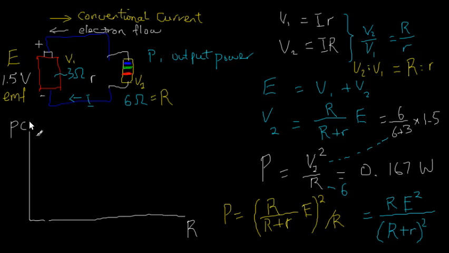Power is in watts, big R is in ohms. Now what we have found is a value when the resistance is 6 ohms and the power is 0.167 as we have found. So that means that I can plot a point here.